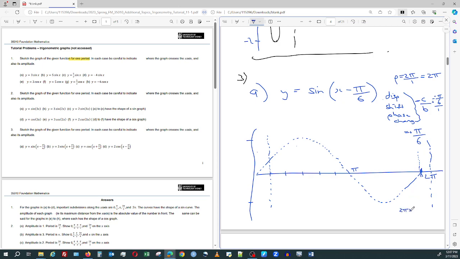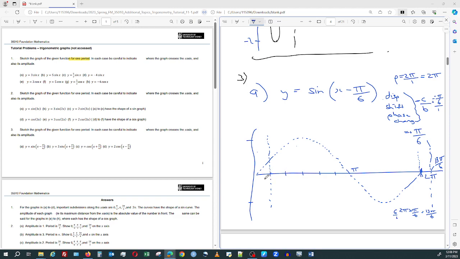Adding fractions, 12 pi on 6 plus pi on 6 is 13 pi on 6. Very good. 13 pi on 6.